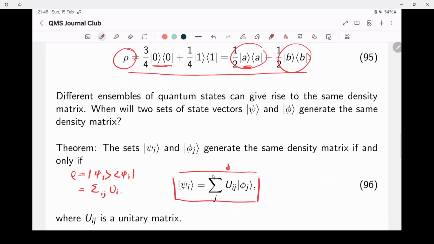So you substitute this particular equation into here, and then you have the other one, and then you have ij dagger, something like that, and you proceed with the calculations, and in the end, you find that they indeed give you the same density matrix.